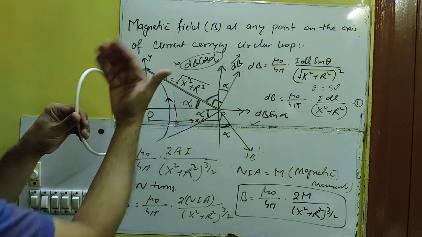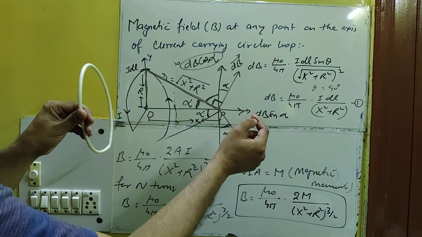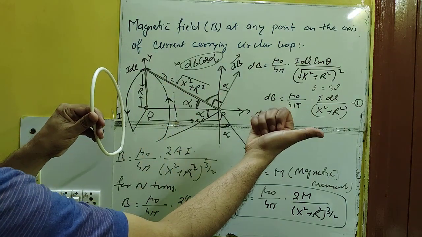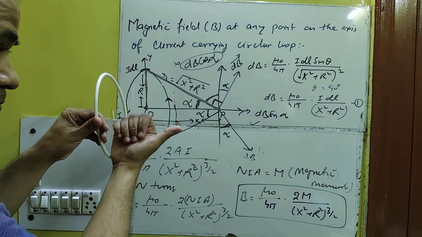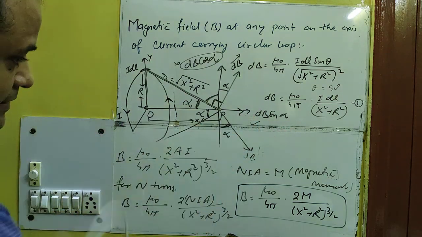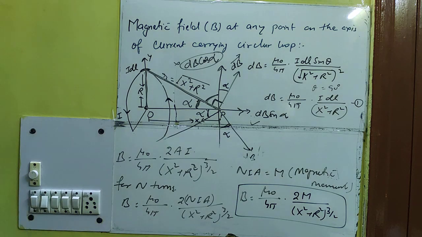So if anybody asks what is the direction of magnetic field at this point, along the x-axis. And what is the direction of magnetic moment? It is also along the x-axis. So this one is your final result, by which you can calculate the magnetic field induction at any point on the axis. Thank you.